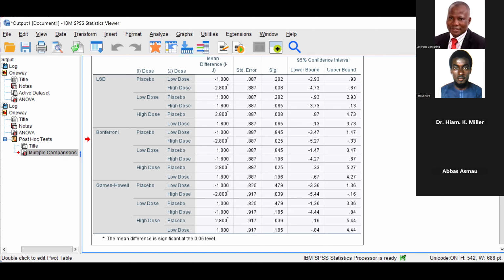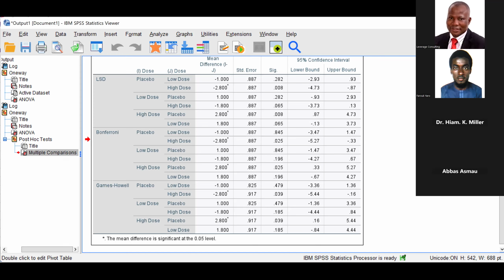Then later, some people criticized and said Bonferroni overcorrected for the family-wise error, in such a way that sometimes it doesn't easily show significance when there are differences. That's why, if you look at it, the LSD is more loose. You can easily find the difference.